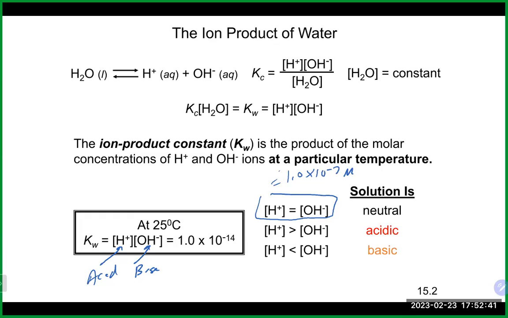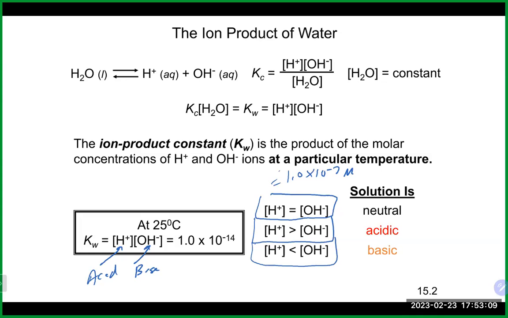If you find that the H plus concentration is larger than the OH minus concentration, that means the acid part of the solution is larger than the base part. It will be an acidic solution. And if the opposite is true and the OH minus concentration is larger than the H plus concentration, then you obviously have more base floating around in there, and it will be a basic solution.